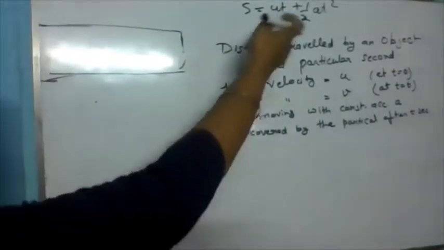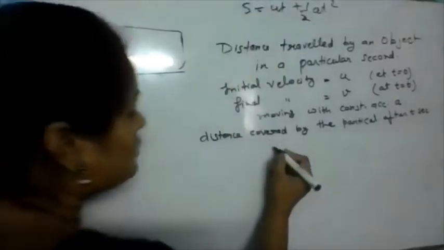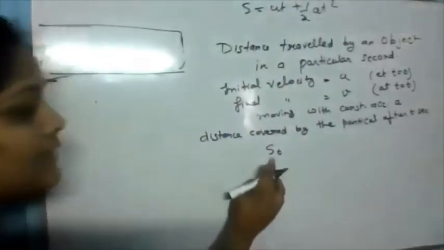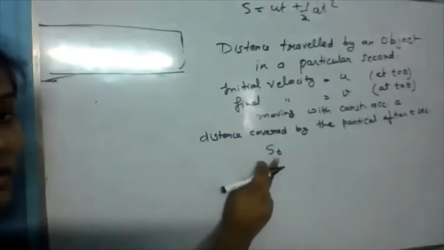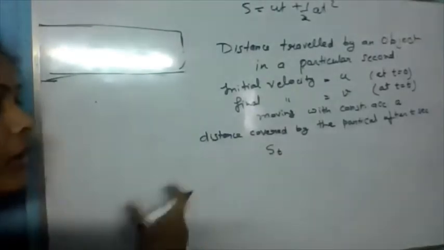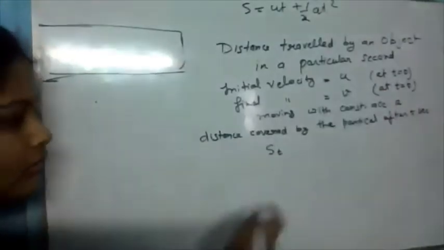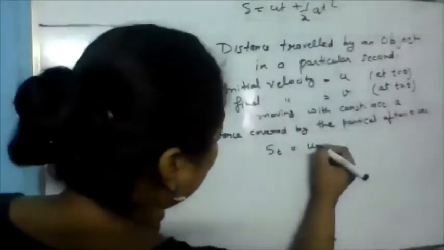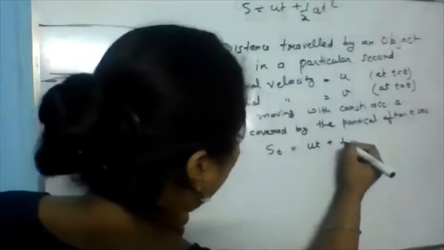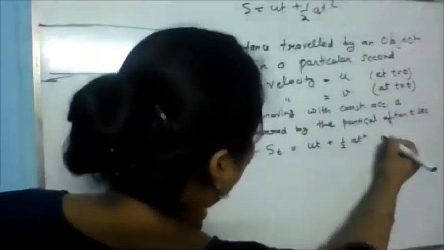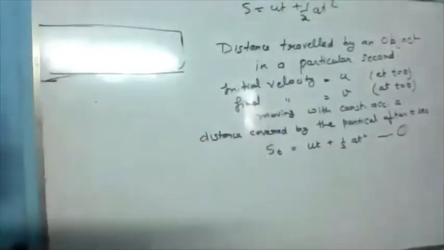We have the formula s equals ut plus half at square. We write t in the suffix of s, because we are talking about the distance traveled after t seconds. So St equals ut plus half at square. This is your first equation.